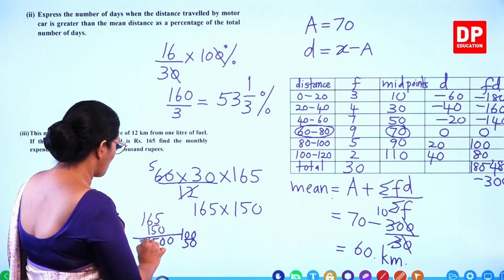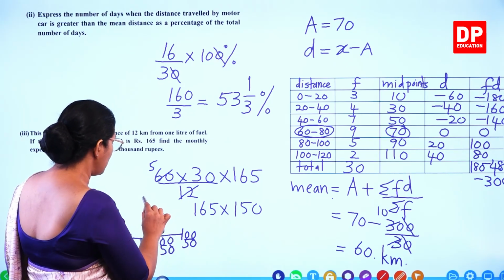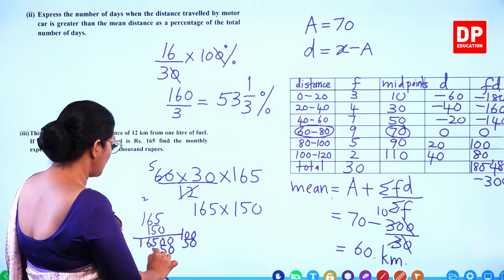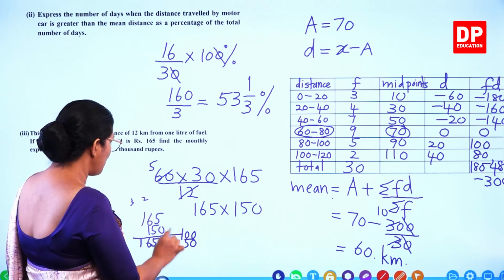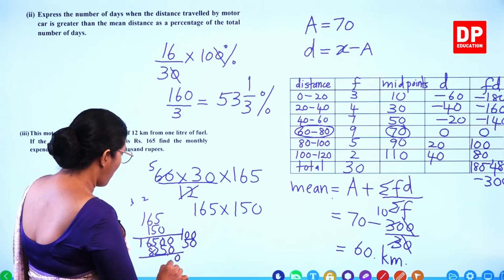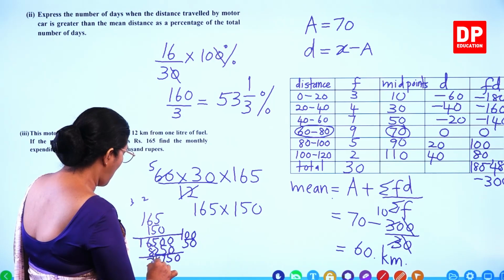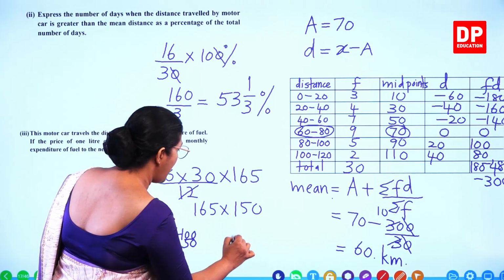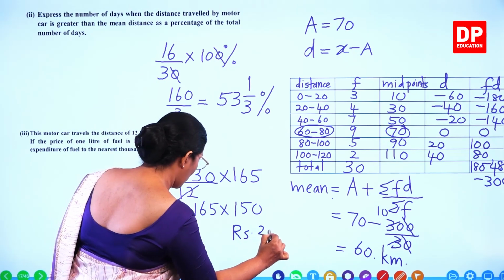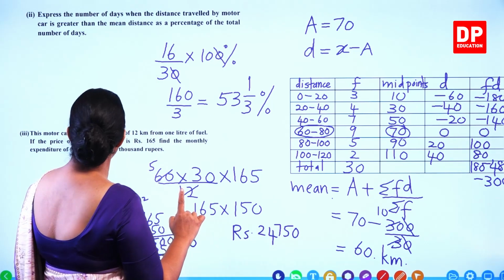Put 0 and multiply by 5. 5 times 5, 25. 2 remaining. 5 times 6, 30, 32. 3 remaining. 5 times 1, 5 plus 3, 8. So 24,750 is the total expenditure.